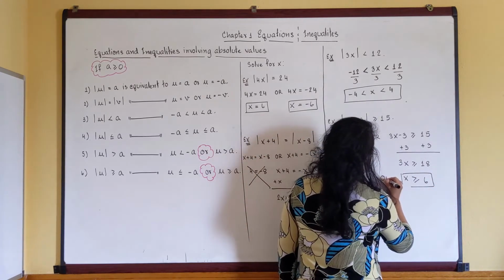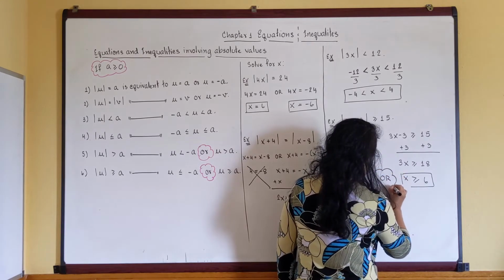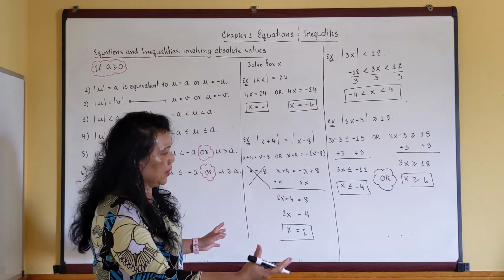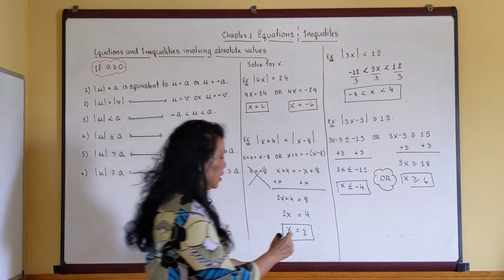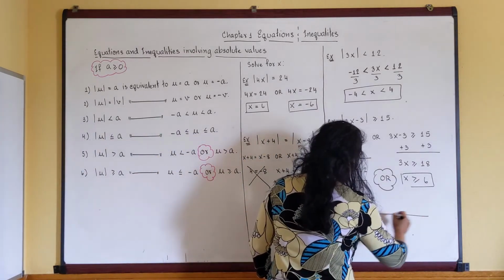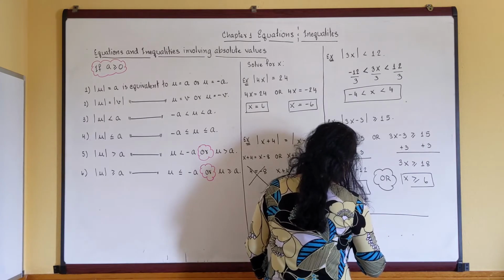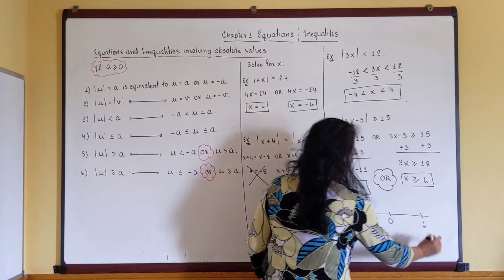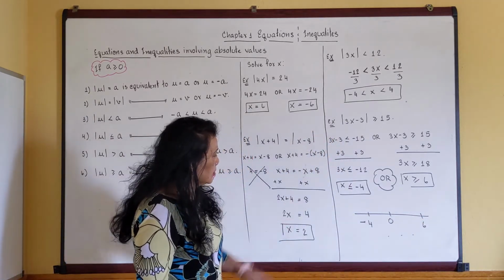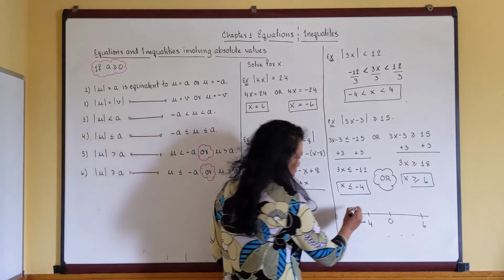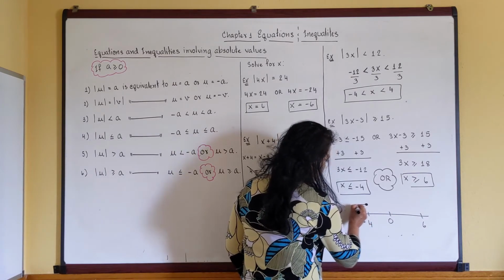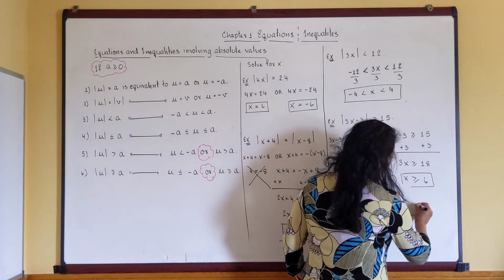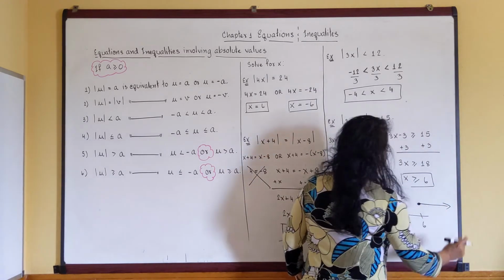It's joined with the word or. Remember, it can be this one, or it can be the other one, or it can be both. So let's look at my working graph. Negative 4, somewhere here, 0, and 6. X less than or equal to negative 4, including negative 4, go to my left. X greater than or equal to 6, including 6, go to my right.